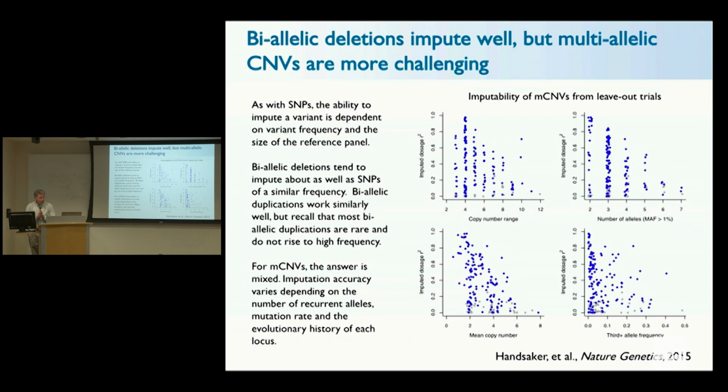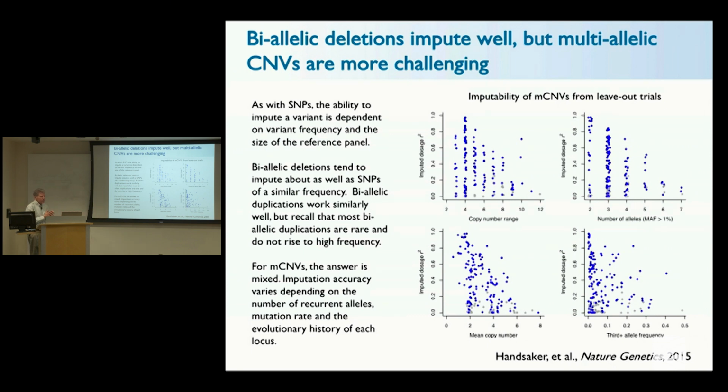So imputation of structural variation really depends on the kind of variant. So biallelic deletions, in general, tend to impute fairly well. They impute about as well as biallelic SNPs do, as long as they're well ascertained and in well-behaved regions of the genome so that there are SNPs flanking them, SNPs we can reliably call.